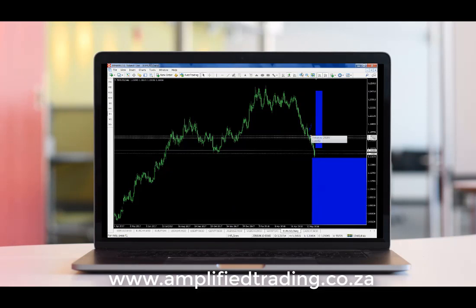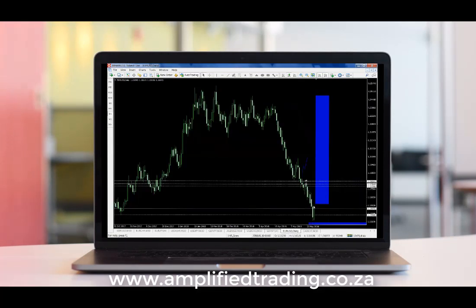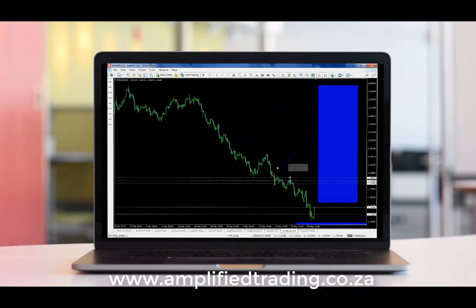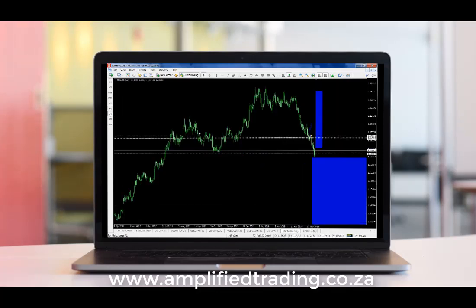Even this candle here is still bigger than this one that's coming up. Now, should the market come back up and start closing and breaking higher highs on the relevant smaller time frames, then we could have a trend reversal. Only then is it safe for you to say, all right, now I'm looking to buy the euro dollar at this point, based off my experience and the way I trade.